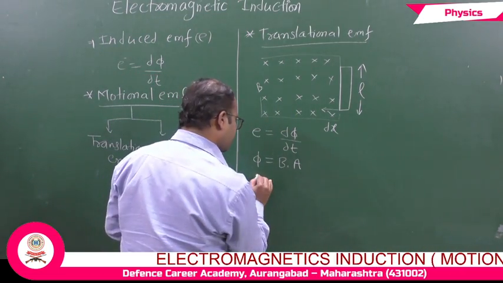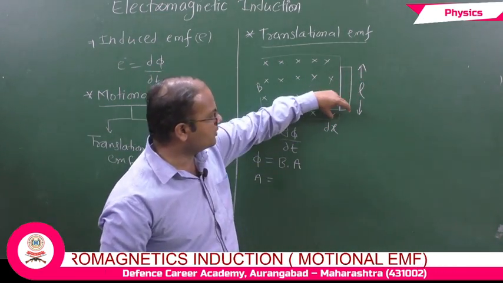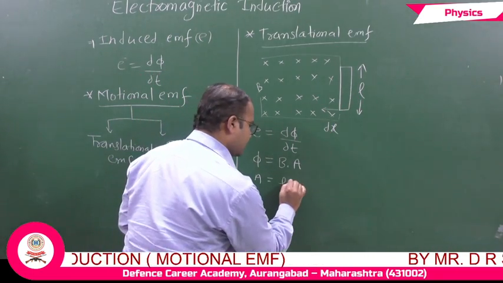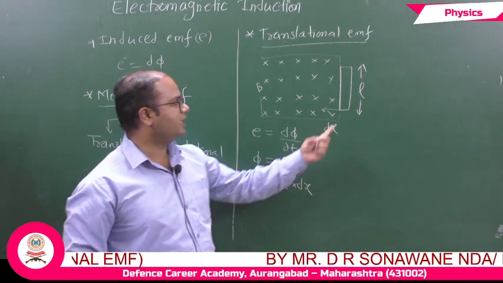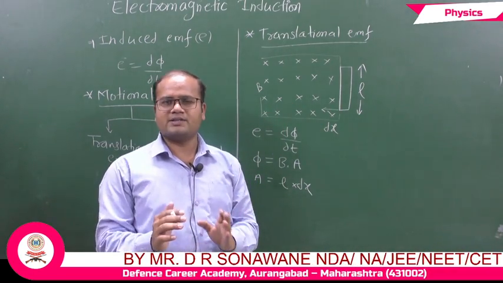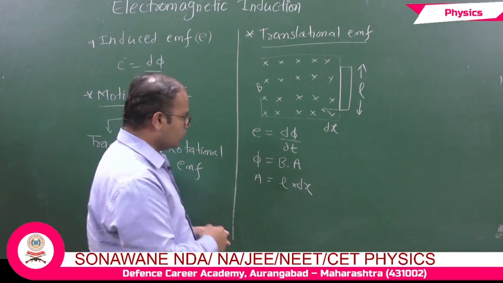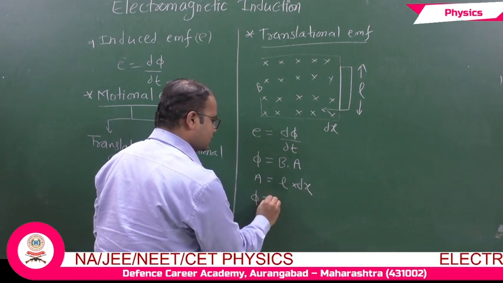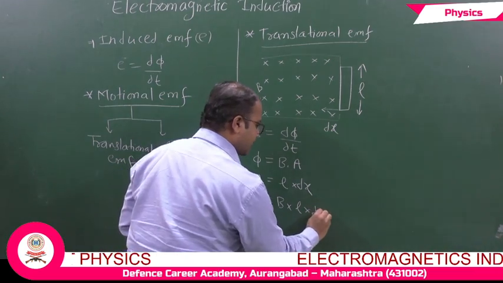Area is nothing but length into breadth if we consider a rectangular conductor. So L into dx will be the area of that conductor moving inside the magnetic field. So if we put the value of area here, we will get flux equals B into L into dx.